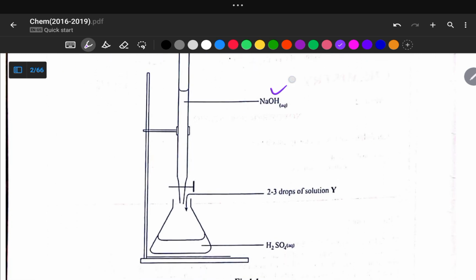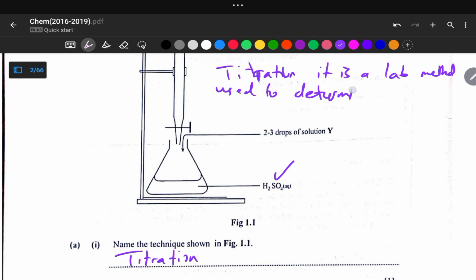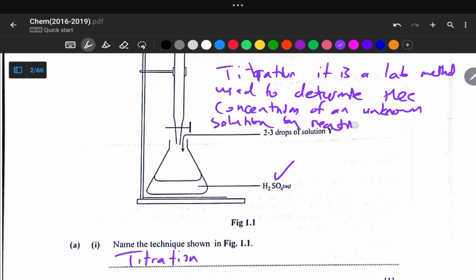Here we're given sodium hydroxide and sulfuric acid, and we are told to add 2 to 3 drops of solution Y. As I've alluded to in my previous sessions, titration is a laboratory method used to determine the concentration of an unknown solution by reacting it with a solution of known concentration, what we call the standardized solution.